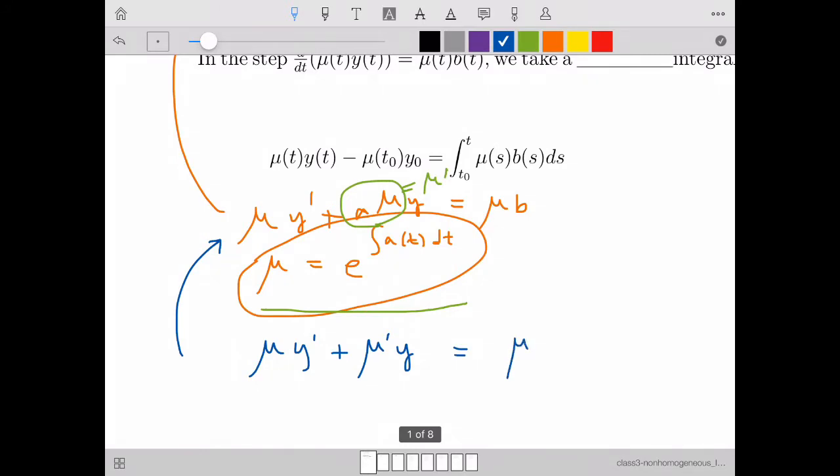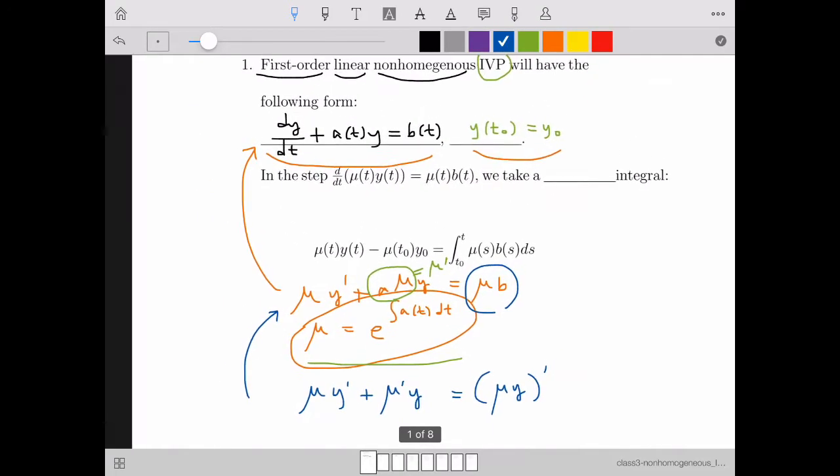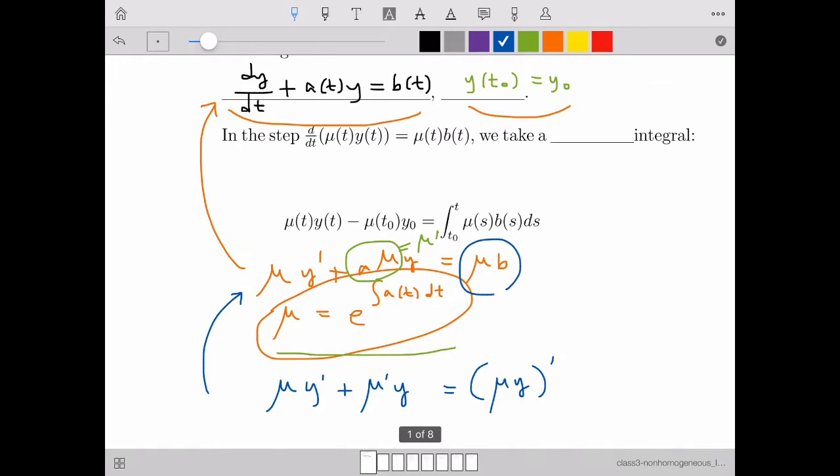So that was mu y, the whole product, derivative, equal to mu b. That's what we did in class number 2, right? So the left-hand side, once multiplied by mu, is this derivative of mu y, and the right-hand side is mu b.